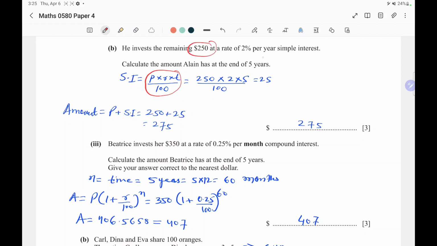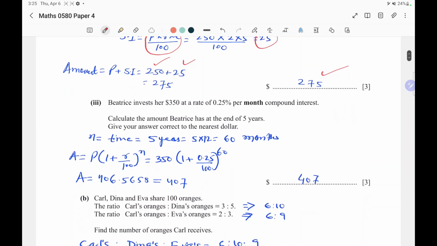So 250 is P, R is 2, and the time is 5 years. Put all this information in the formula to get the simple interest, that is 25. But it is not asking only for simple interest, it is asking for the amount, and that is the sum of the initial investment plus simple interest. So that is 250 plus 25, that's 275.